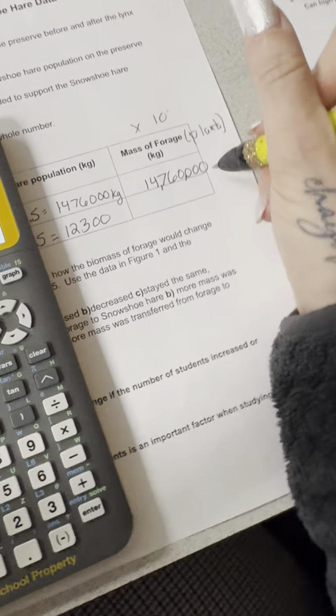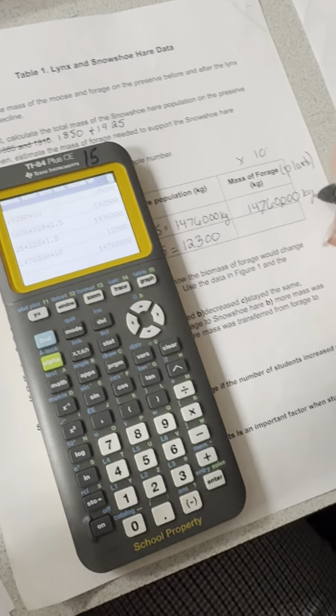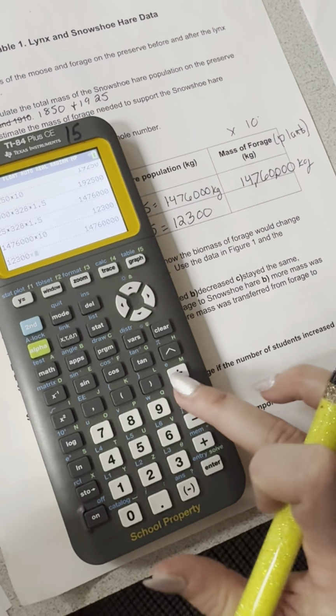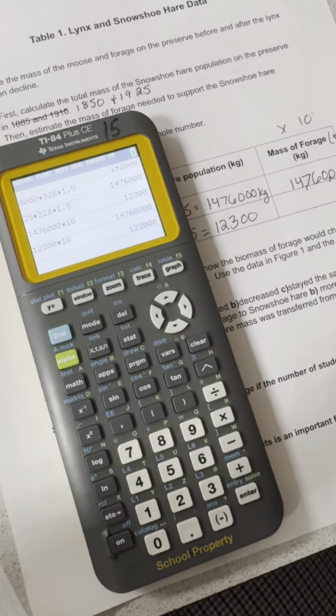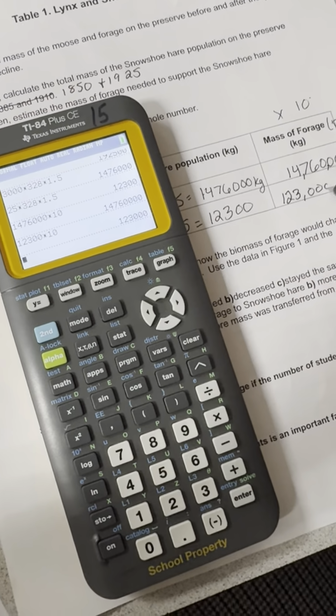So my total winds up being 14,760,000 kilograms. And then I do the same thing for this one. I times it by 10. And that gives me 123,000 kilograms.